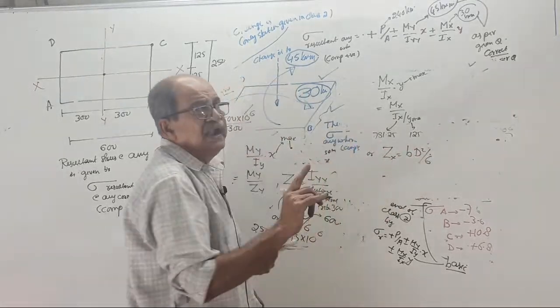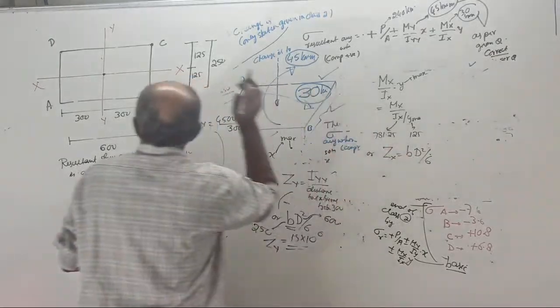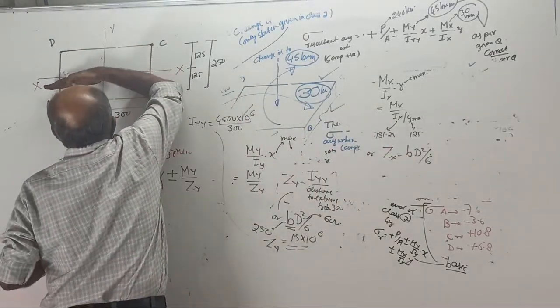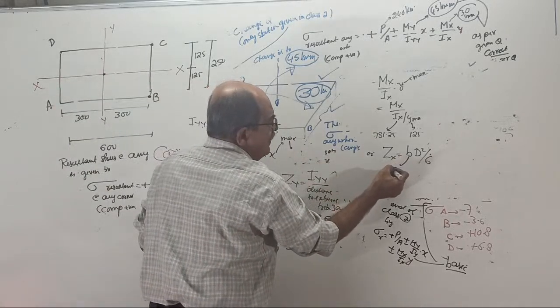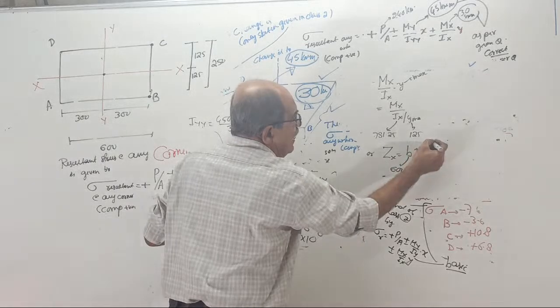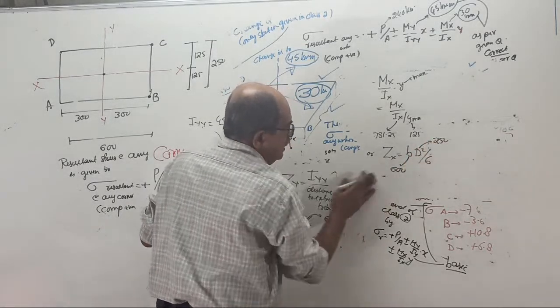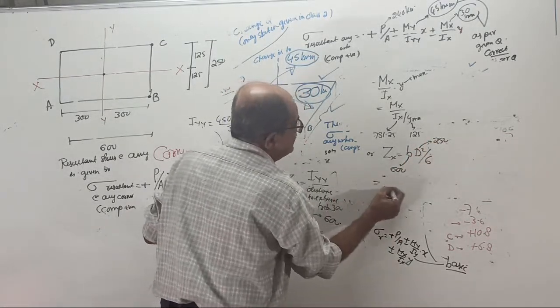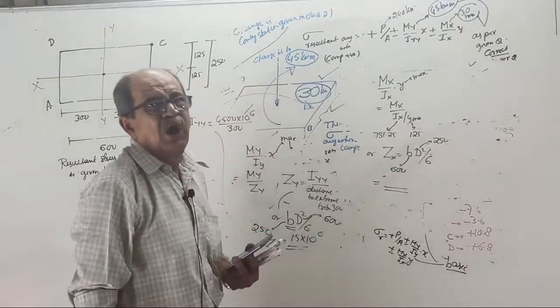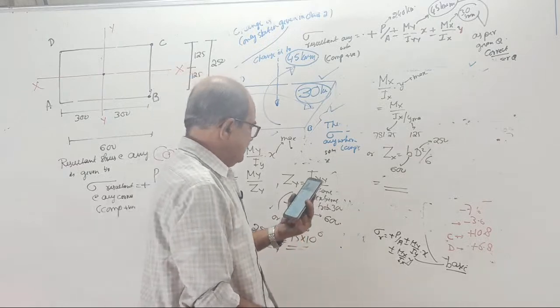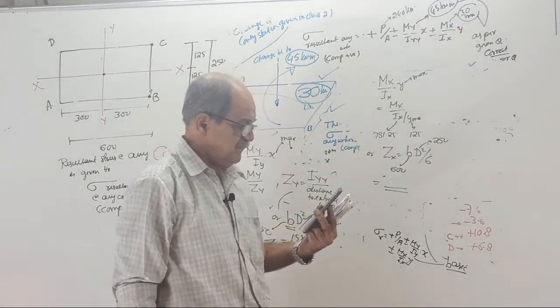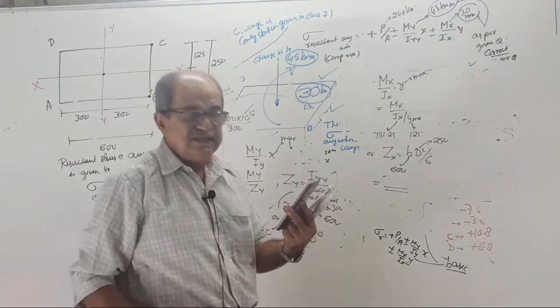B is the side which is parallel to the XX axis, so here B will be 600 and D will be 250. In both cases, tell the answer ZXX. Both will give the same answer. How much is ZXX?